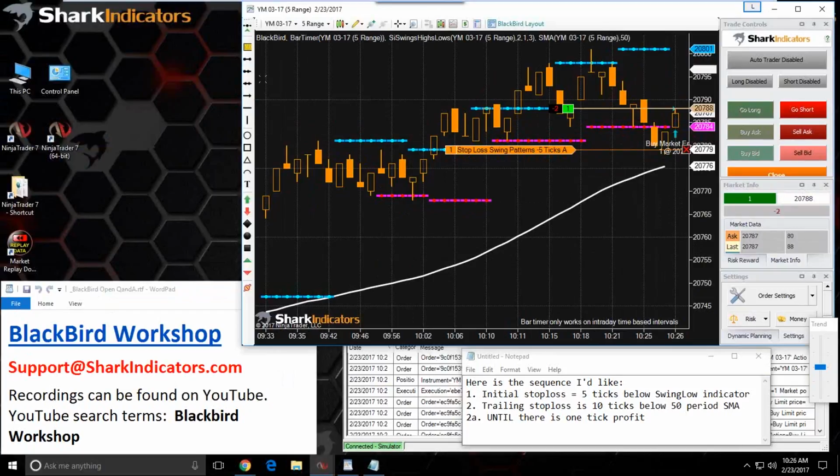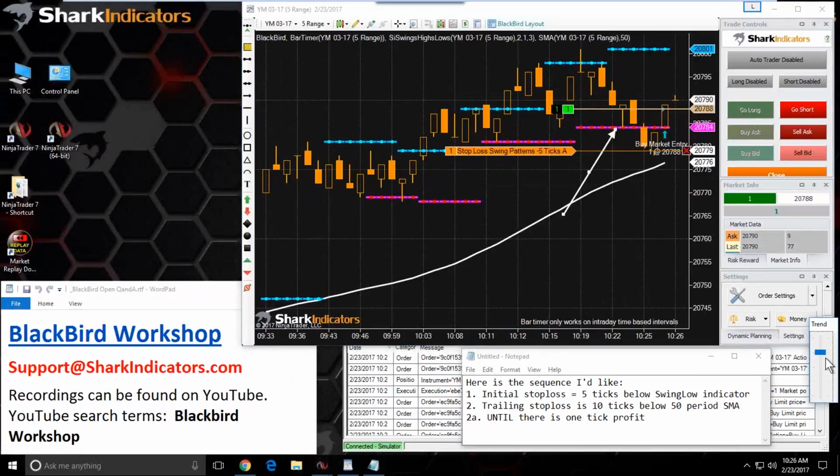So remember, we can see that it looks like that's the swing low, but that hasn't been detected yet by the indicator. So that right there is our detected swing low, at least by the indicator. So, okay, let's just move the market up.